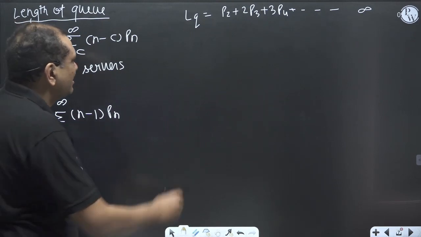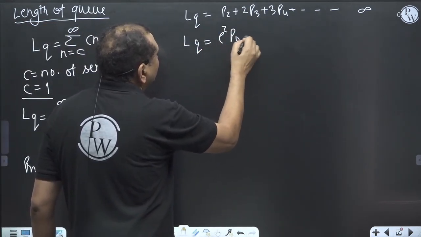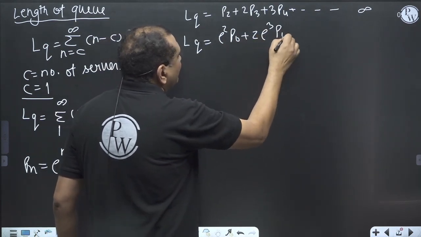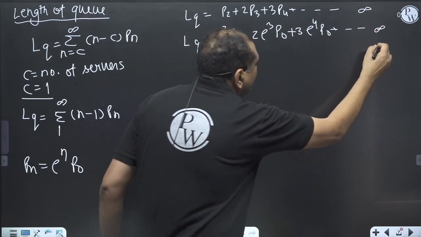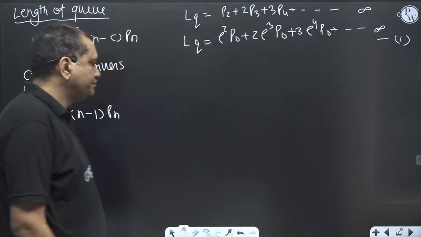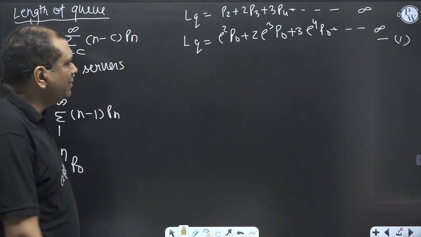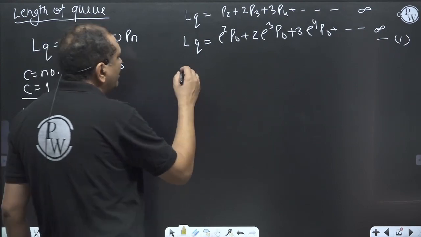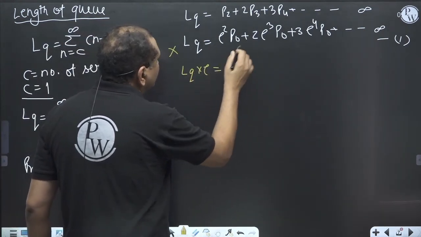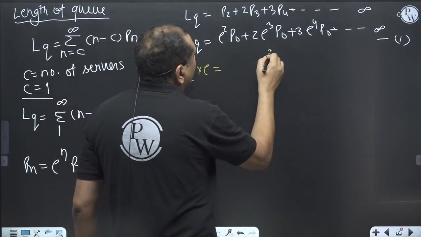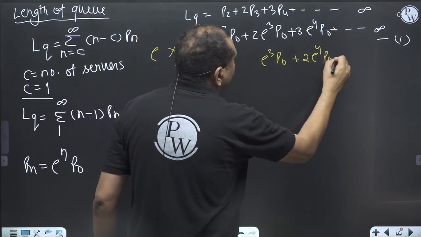Okay, so Lq is rho square P naught plus 2 rho cube P naught plus 3 rho 4 P naught. Let us say equation number 1. Multiplied by rho, equation number 1 multiplied by rho. So Lq into rho is equal to, start writing from here, rho cube P naught, 2 rho 4 P naught.